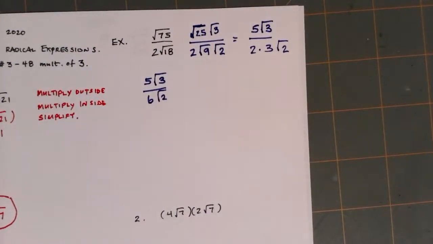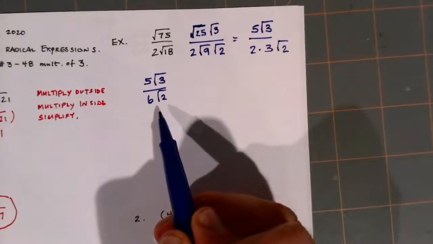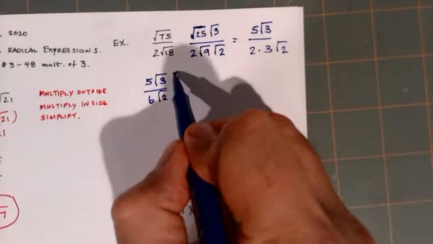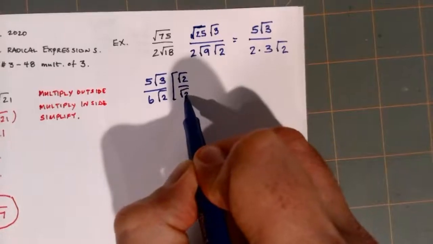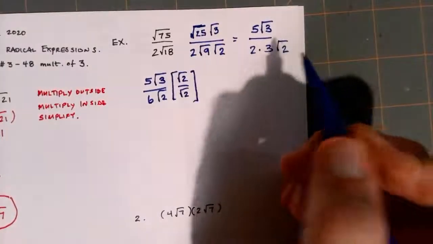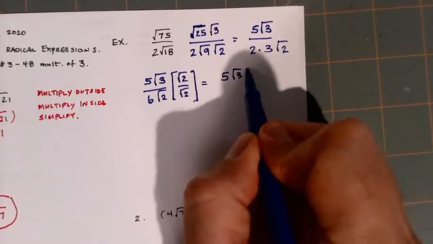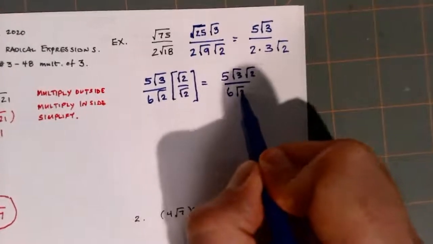The problem is I have a square root in my denominator. Not good, okay? So I'm going to multiply by root 2 over root 2. And I get 5 root 3 root 2 over 6 root 2 root 2.